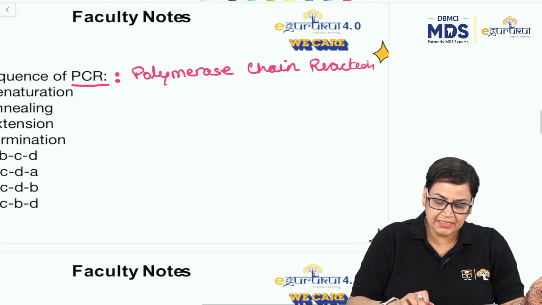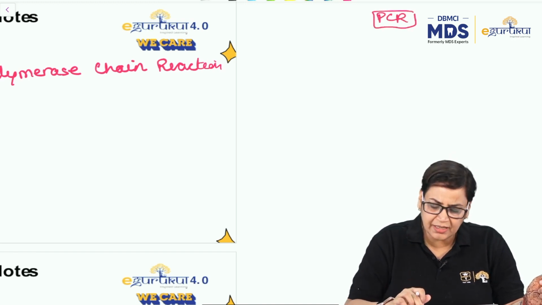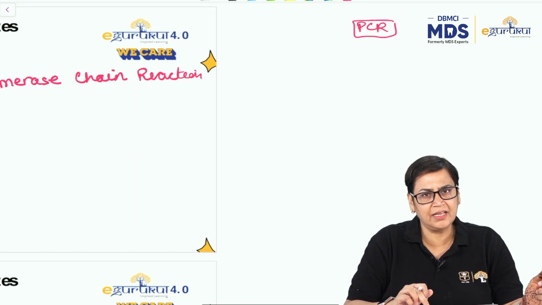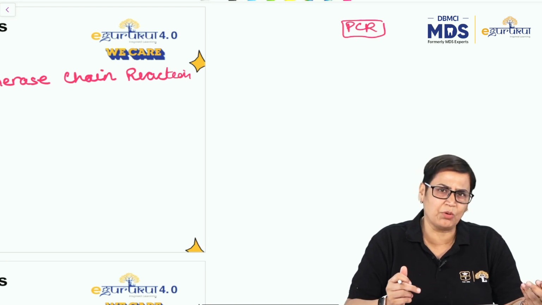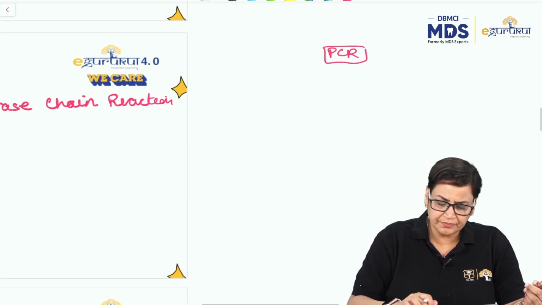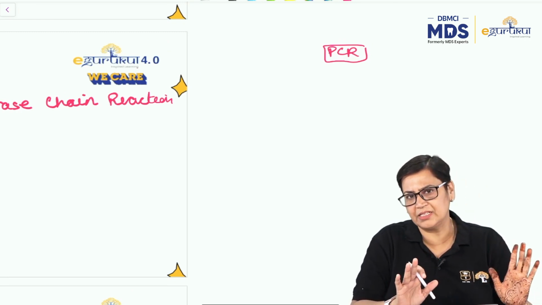So what is this PCR? It is a very important molecular biology technique which has so many important features. So we won't take it into that much detail, but the basis of PCR will be the same.